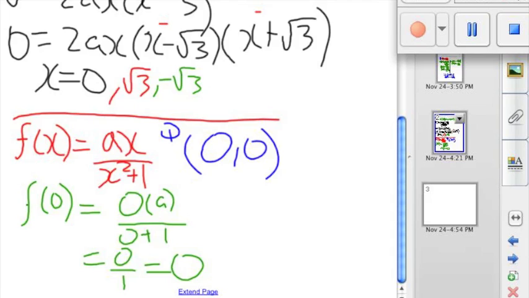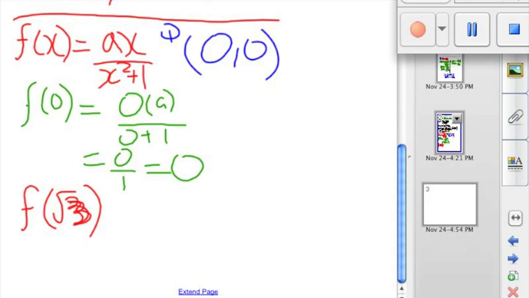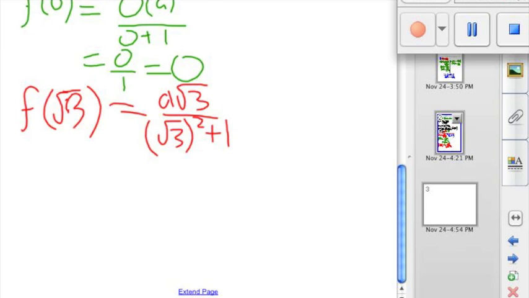Now we're going to extend the page and find what f of root 3 is. f of x equals ax over x squared plus 1, so that will become a root 3 over root 3 squared plus 1. Extend the page again.